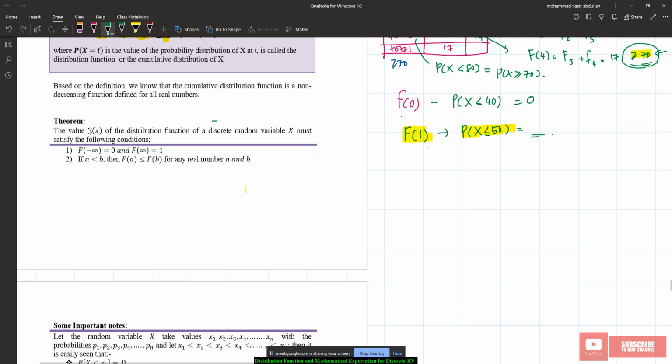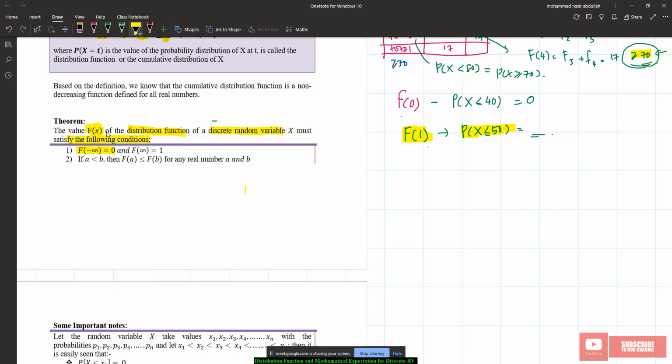The theorem says that the value of capital Fx, which is a cumulative frequency, the cumulative probability distribution function of a discrete random variable X, must satisfy the following conditions.